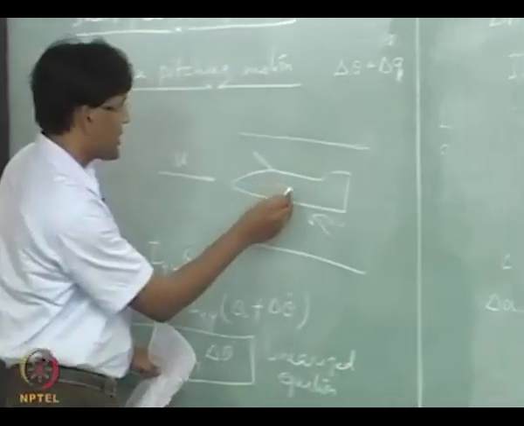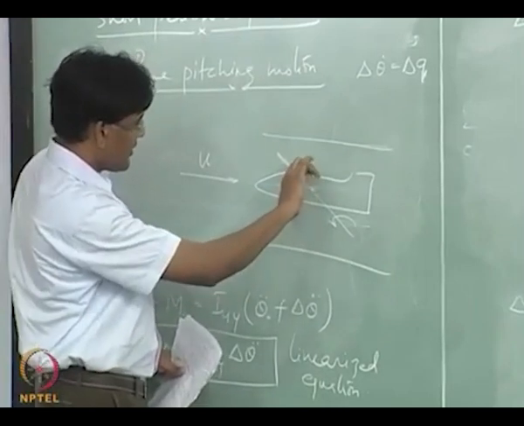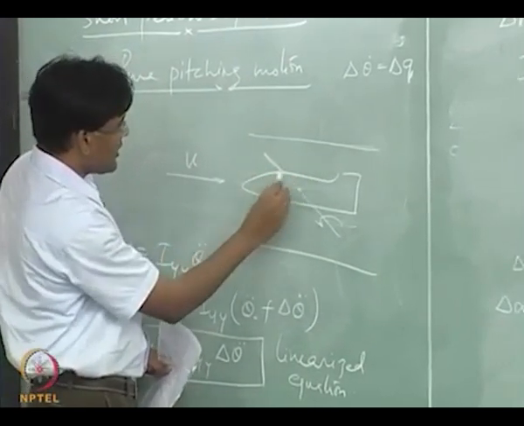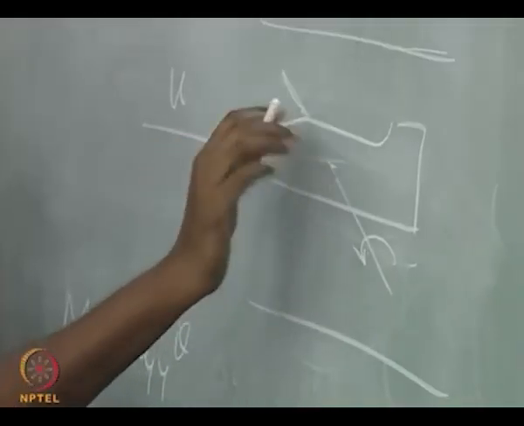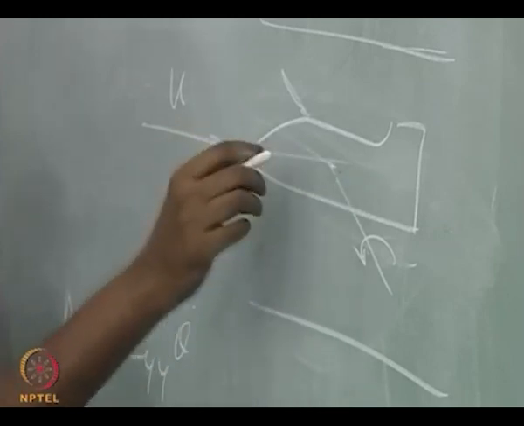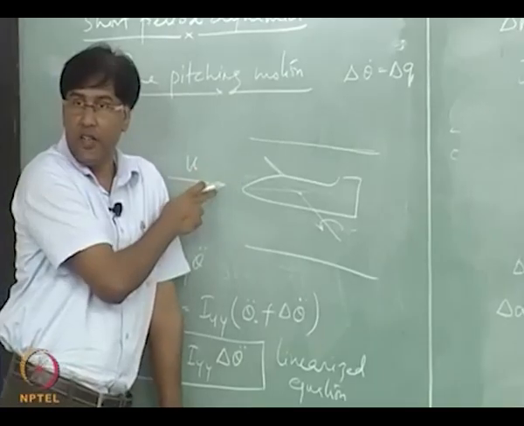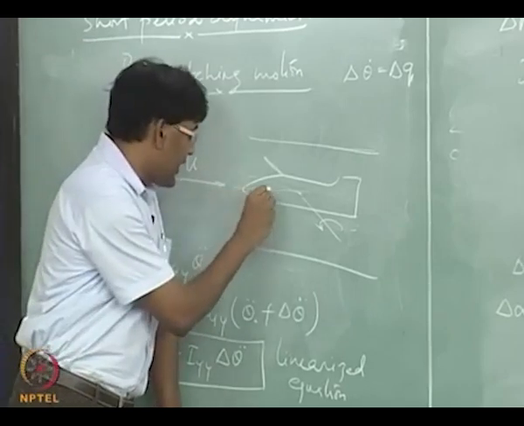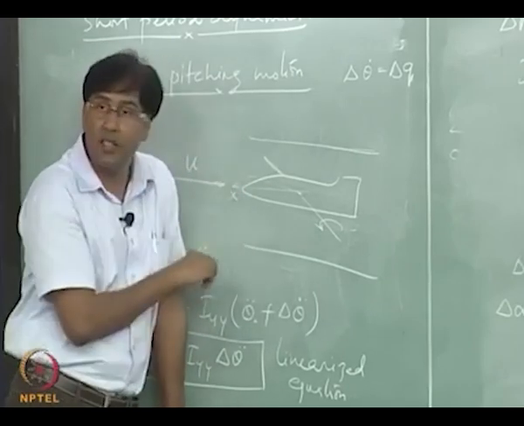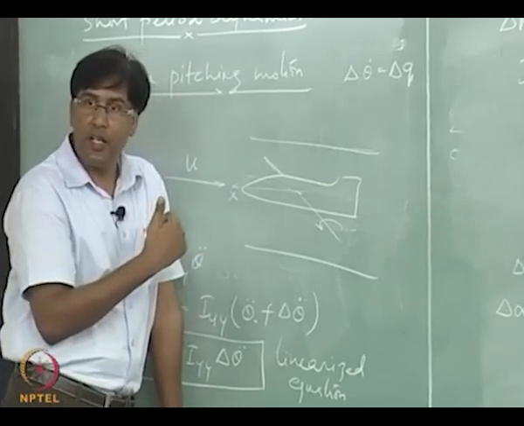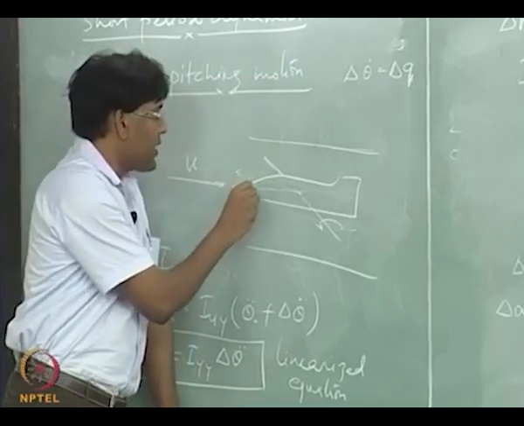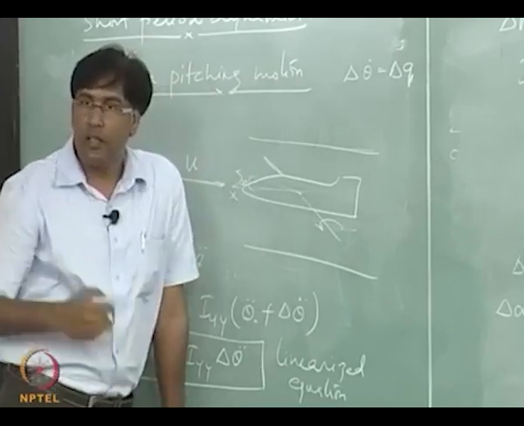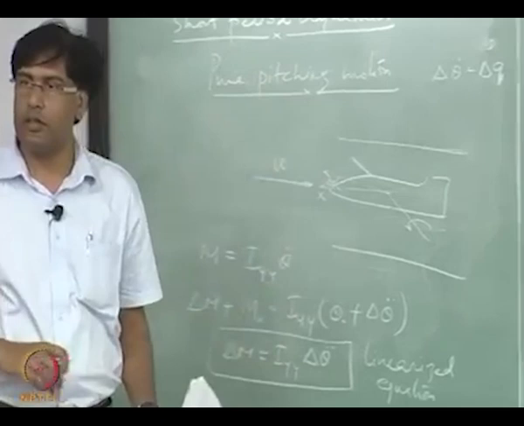right. So look at this, if there is a pitch introduced, then the x axis of the aircraft will start making an angle with this velocity vector, which will give the delta alpha, and because initially it was aligned with the x axis of the earth fixed frame, there is also going to be delta theta, right.